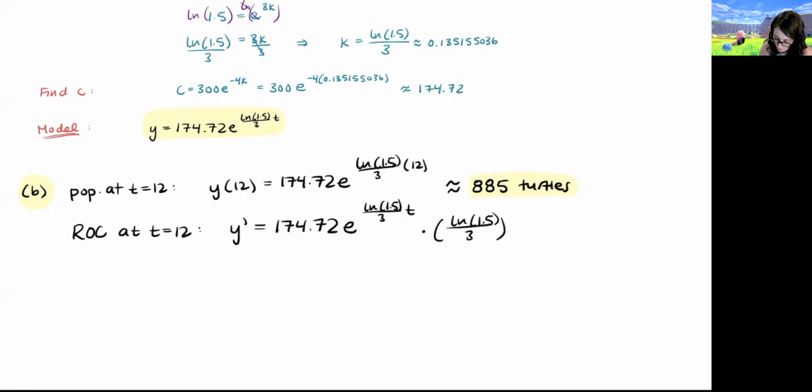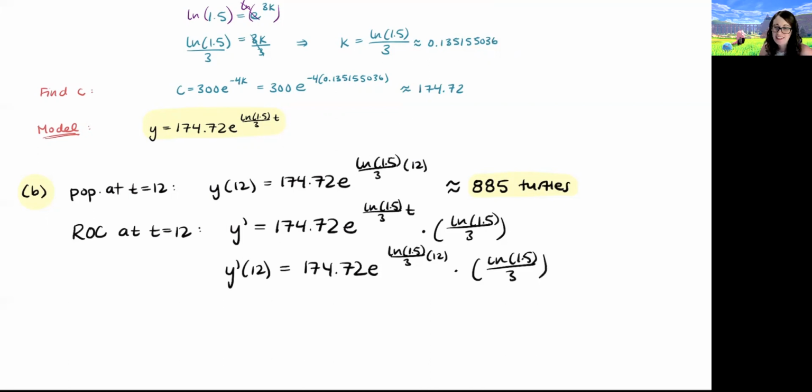Or again, 0.13515536. That's what this number is here. I want to plug in 12 because we want the rate of change at 12 years. So I'll just plug in a 12 for t. Oh, these are so complicated. So we've got that all in the exponent, and this is all times the natural log of 1.5 over 3.